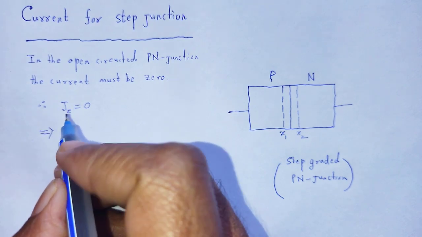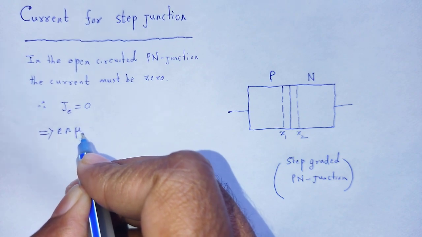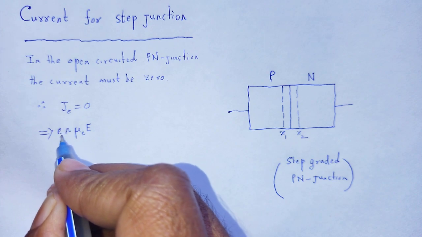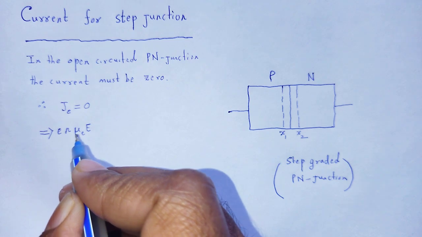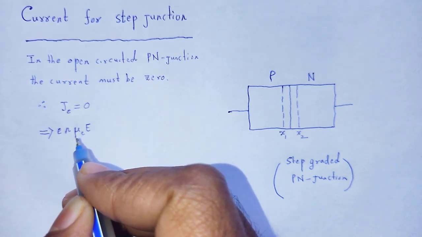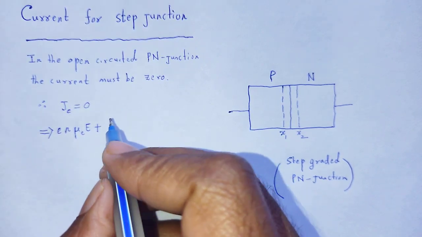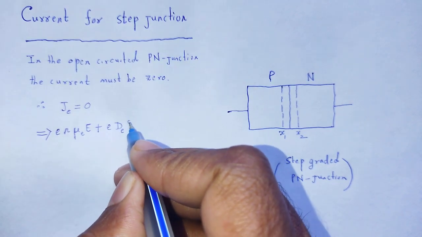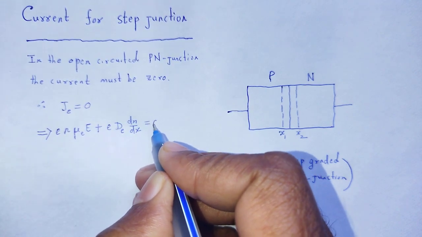Due to drift velocity, it is e n mu e into E, where e is the electronic charge, n the density of free electrons, mu e the mobility of electrons, and E the applied external electric field, plus due to diffusion e D e dn by dx is equal to 0.